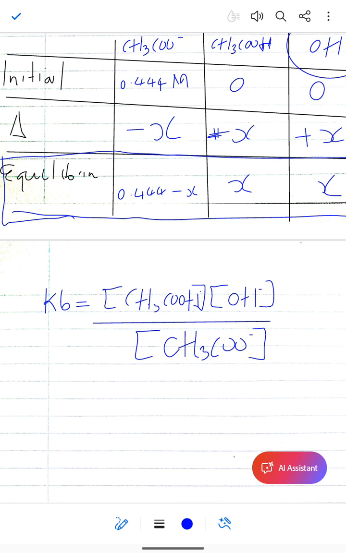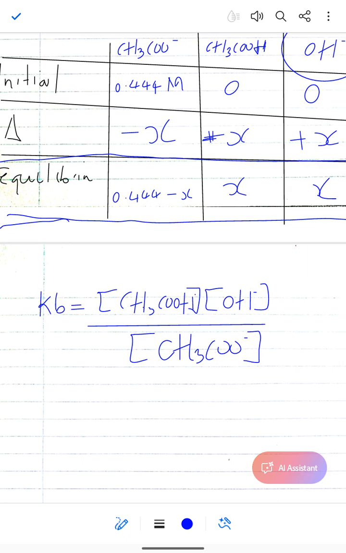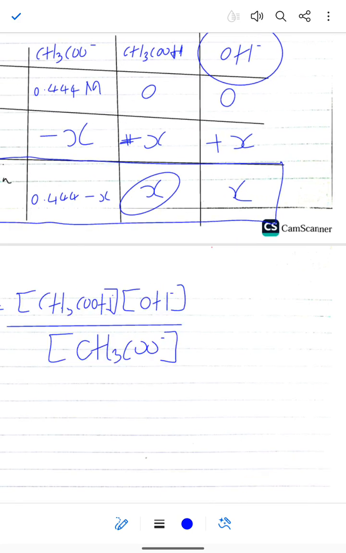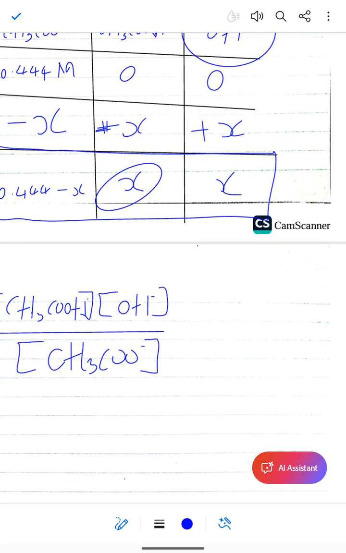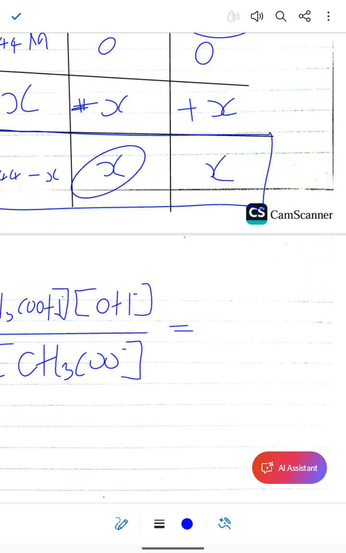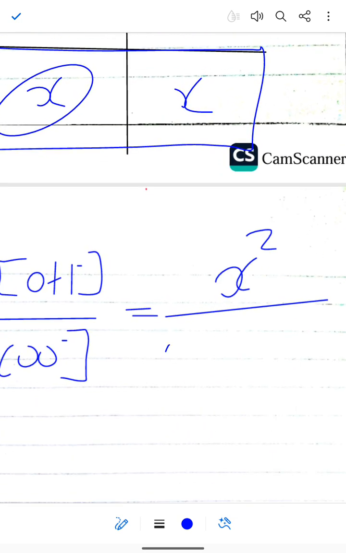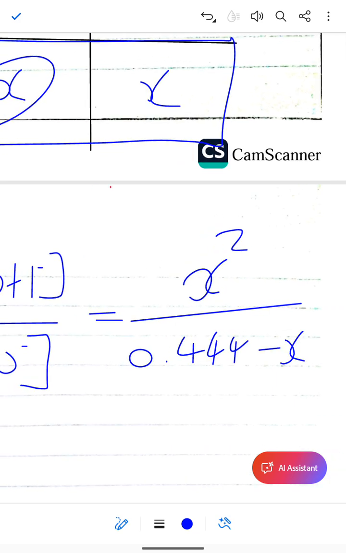It was simply 5.56 times 10 to the power negative 10 already. Now notice something here. This is similar to what we wrote. So maybe I can replace the concentrations with x. The concentration of the acetic acid and the hydroxide ion is x, so it will be x times x up there. So that will be x squared. And then here will be 0.444 minus x, right?